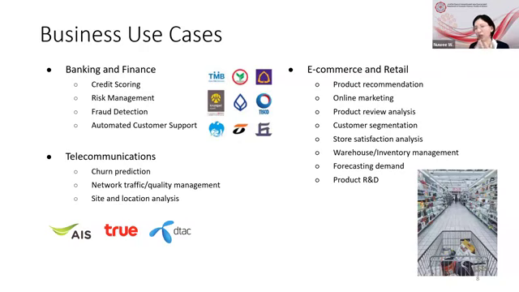They also use data to predict network traffic, to find the location to put their site if there are many people using their service at that place. So these are common use cases in these three leading business industries.